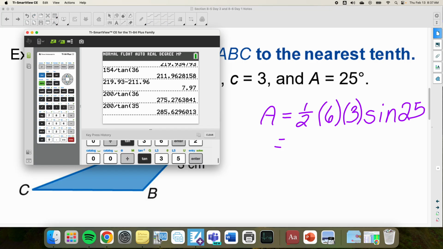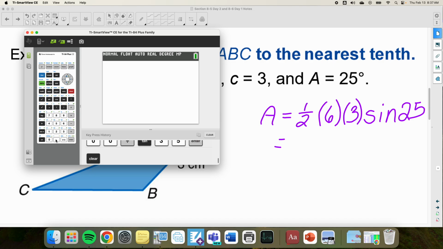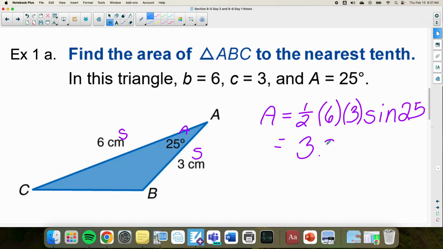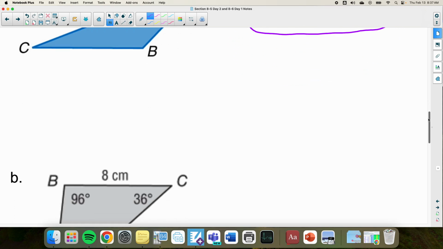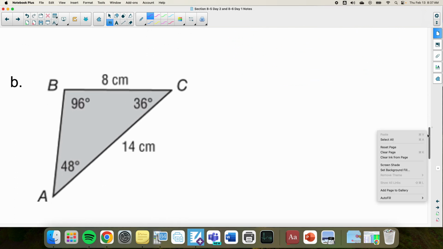You're going to go 0.5 times 6 times 3 times sine of 25. Did you guys get 3.80? Okay, so that would be your answer. And it's area. So what do you think my units would be? Centimeters squared. Very good.